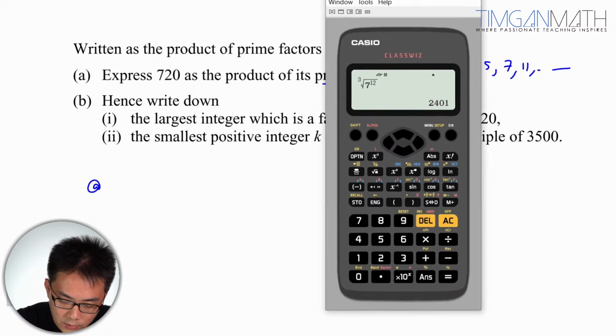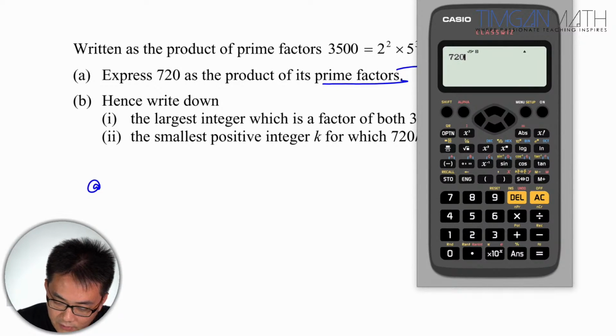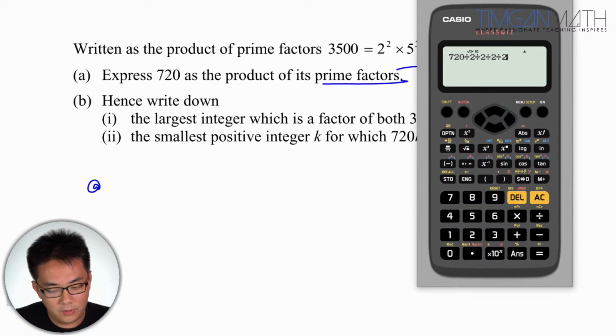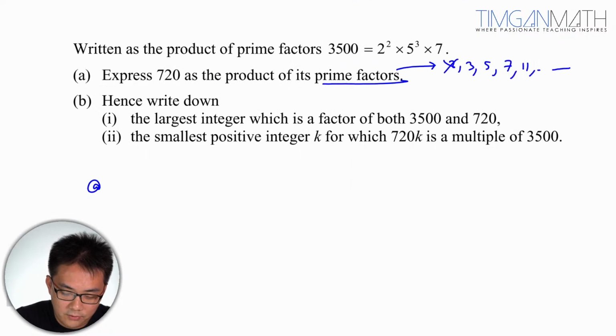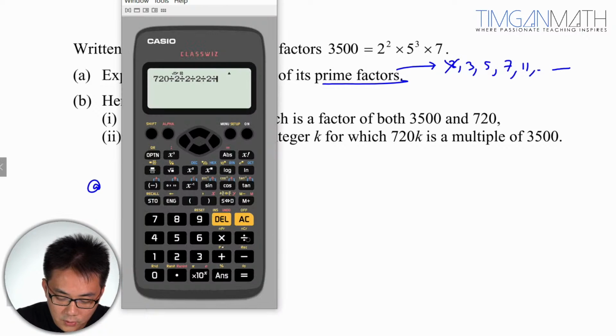720, so we just start off with 720 divided by 2, and divided by 2 again. I'm just going to divide by 2 until I don't get an even number. So this will be 45. 45 is not an even number, so 45 can be divided by 3, then another 3, and another 5.